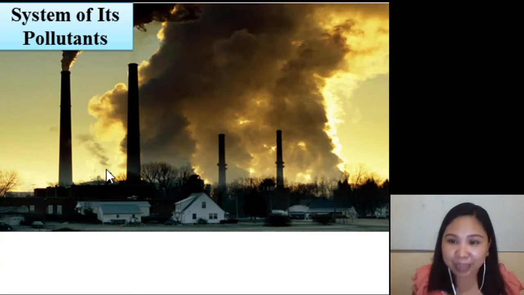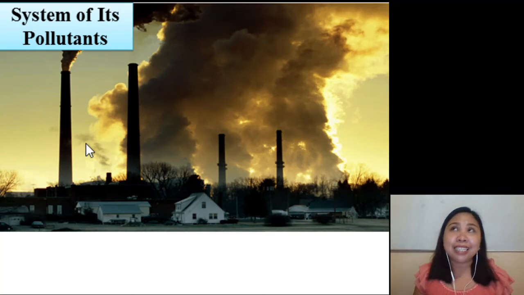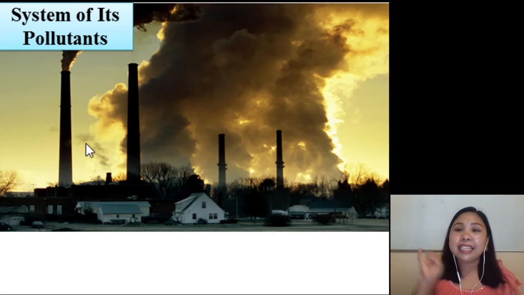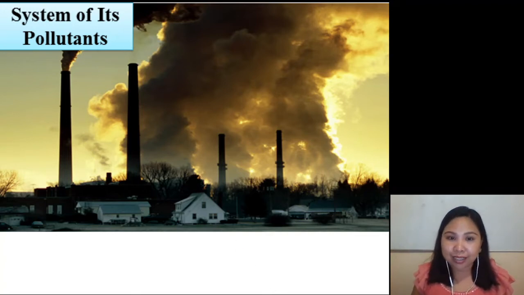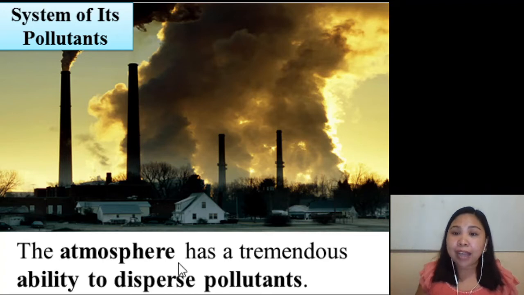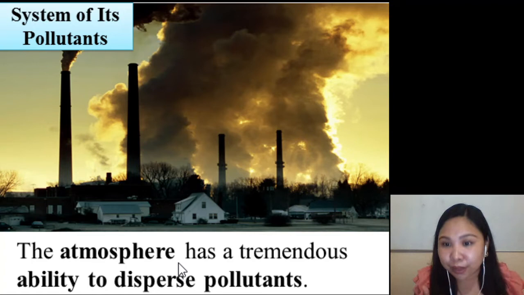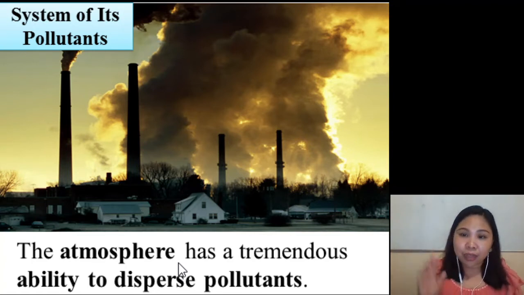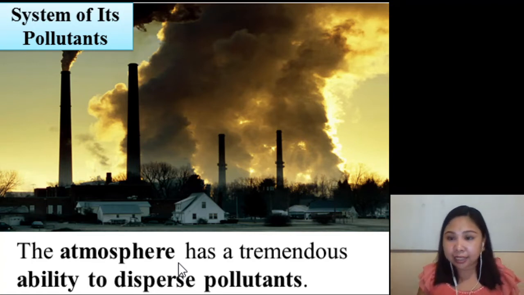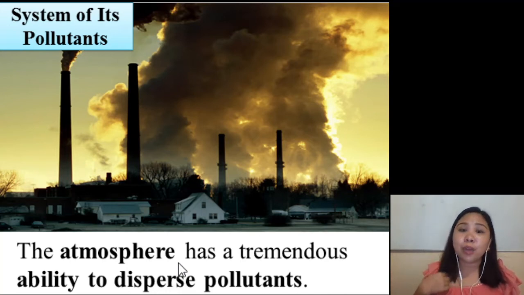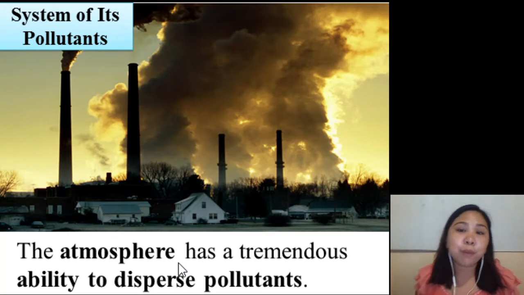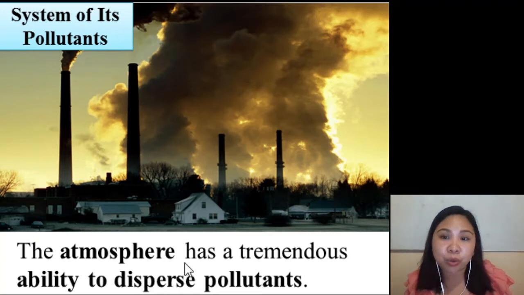The next system that I'm going to discuss, after the system of its layers and the system of its composition, focusing on the greenhouse gases, is the system of pollutants. Why? Because our atmosphere has a tremendous ability to disperse pollutants. Meaning, class, since the atmosphere is a gas, it has the ability to absorb or disperse pollutants coming from different sources.